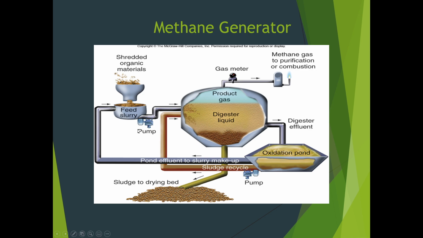So you got to get this organic matter and have a lot of surface area for the microbes to do their job, and that's why we shred it and feed it into what's called a slurry. All right, a nice little liquid form after it's all shredded up and looking good. And we pump it into a digester, okay, that works without oxygen.